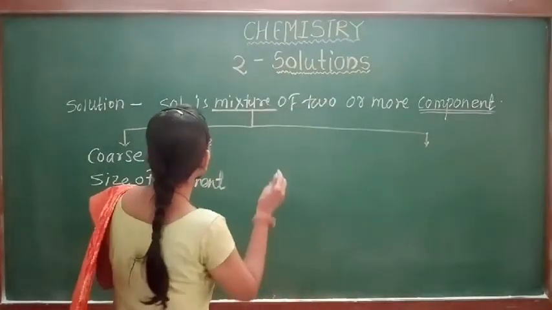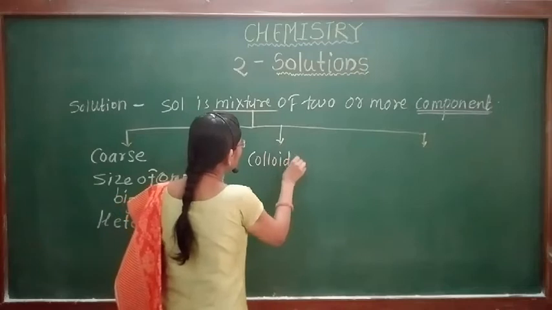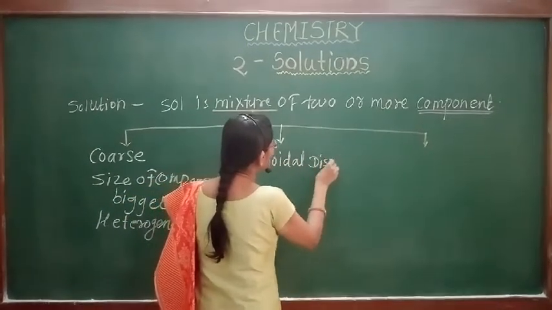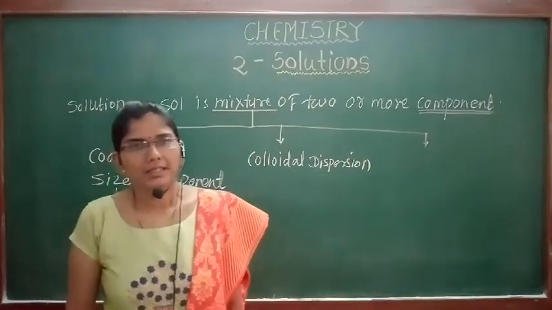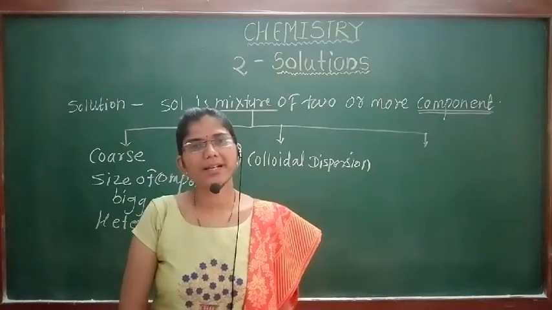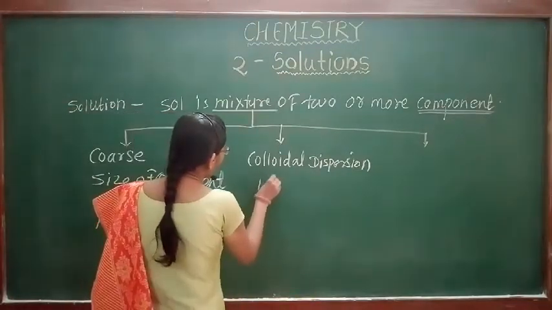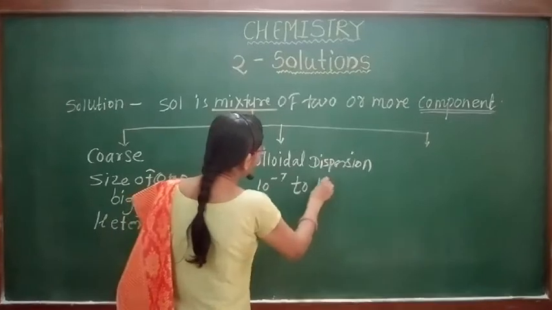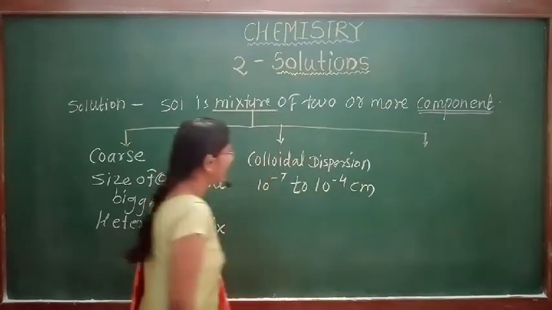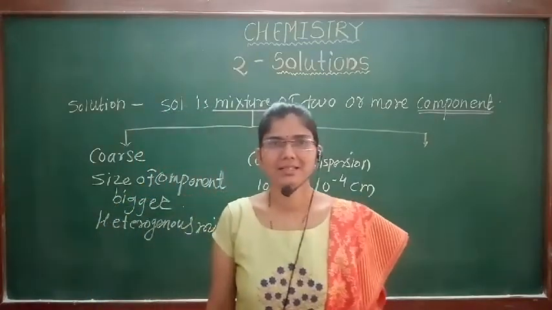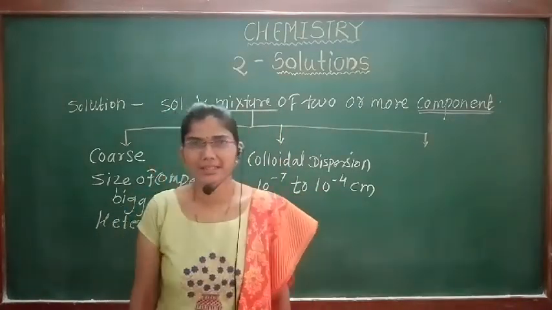The second type of mixture is colloidal dispersion. In a colloidal dispersion, the dispersed particle is in the range of 10^-7 to 10^-4 centimeter.